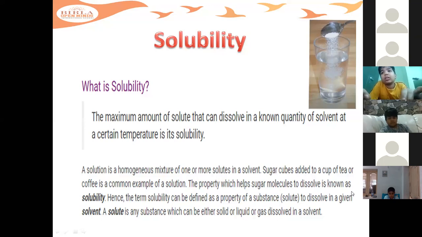And now, when the water is evaporating completely in the form of gas, what remains down? The salt and the sugar remain down. So we are getting back the salt, isn't it? By evaporating all the water, we are getting back the solute. So this is a reversible change. Understood?